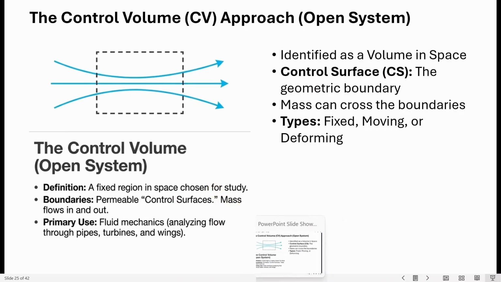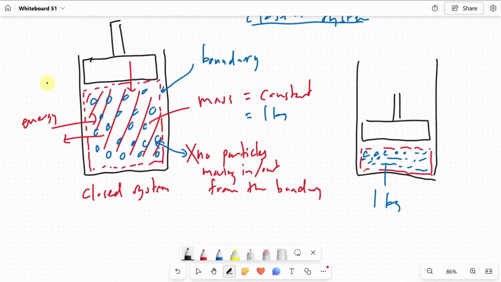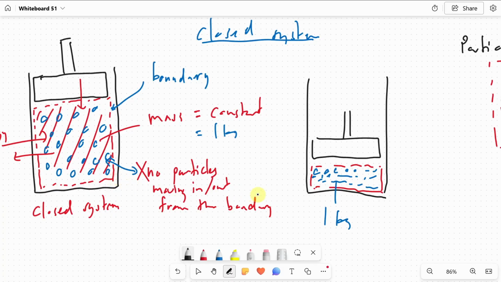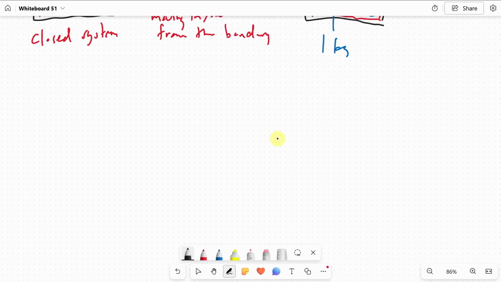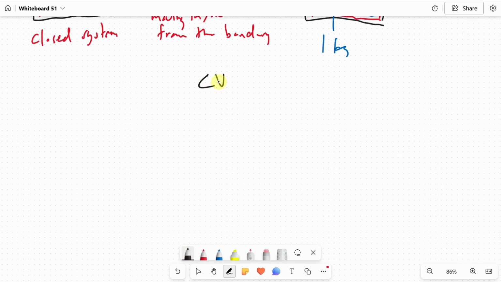So if we look again at this system, mass does not flow in and out of this boundary. So this is the closed system. And now we have another approach that we call the control volume approach. I'll just write CV, which stands for control volume.